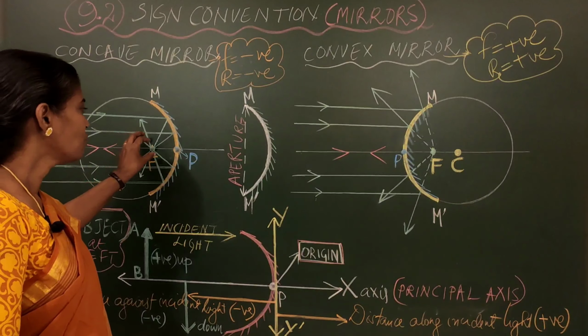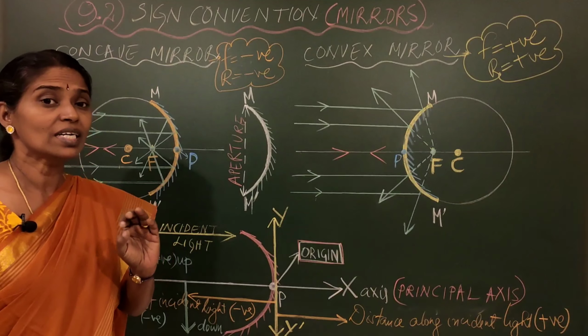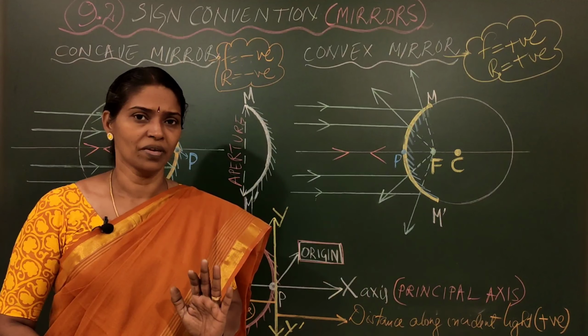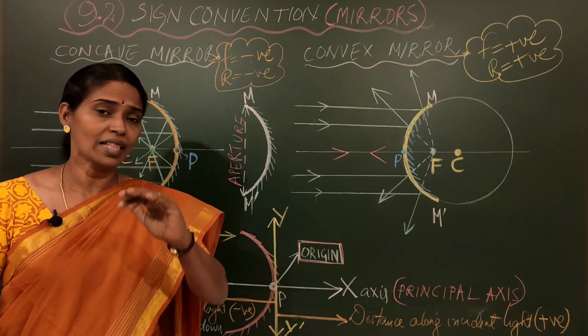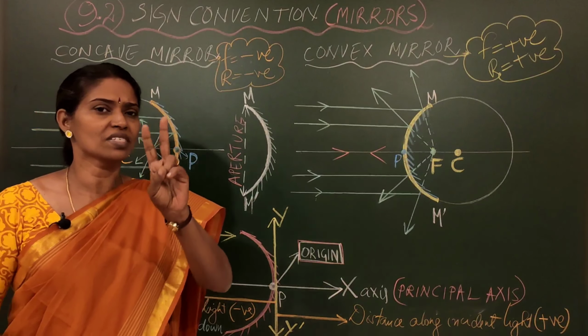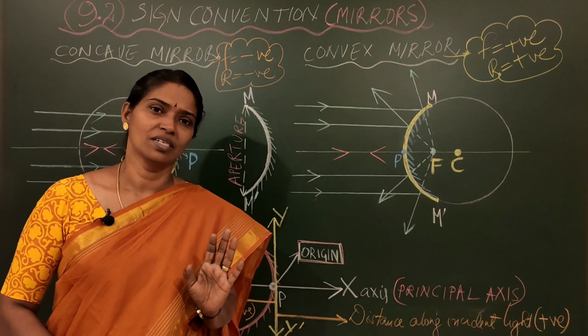Accordingly, the image is formed at different points. That is known as image formation for lenses and mirrors, which we will discuss later. At that time the remaining terms will also be clear. Now we have discussed only F and R and the sign convention.